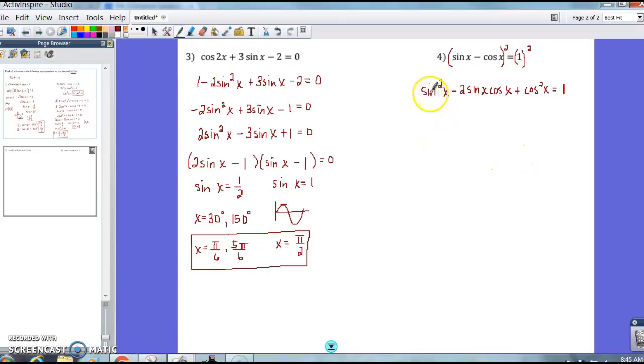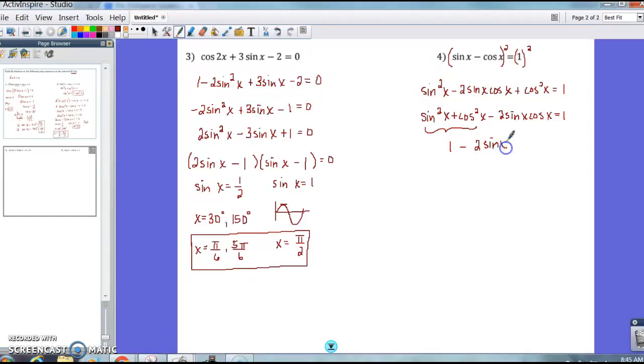Now, hopefully when you see sine squared plus cosine squared, you recognize that as one of your Pythagorean identities, right? So I can rewrite this as sine squared x plus cosine squared x minus 2 sine x cosine x is equal to 1. This whole thing is going to equal 1.